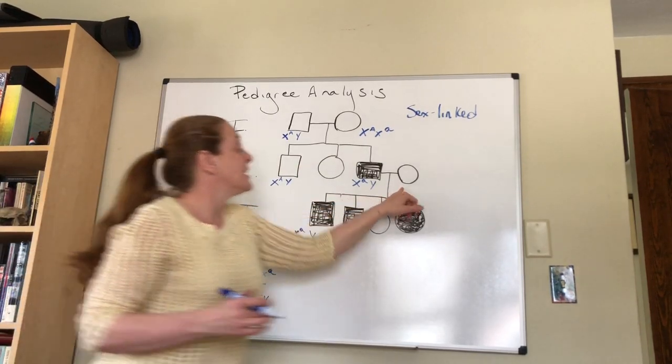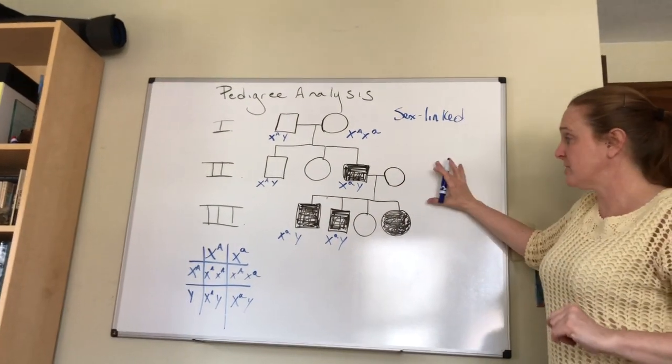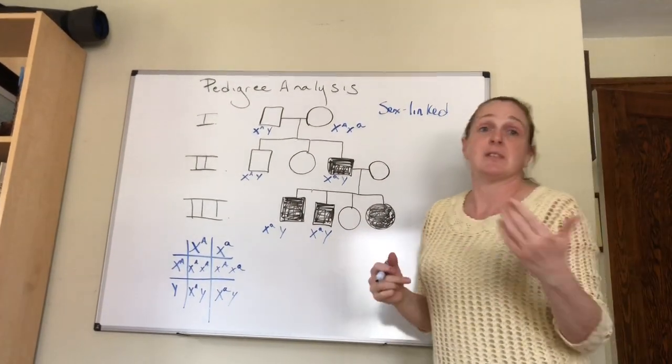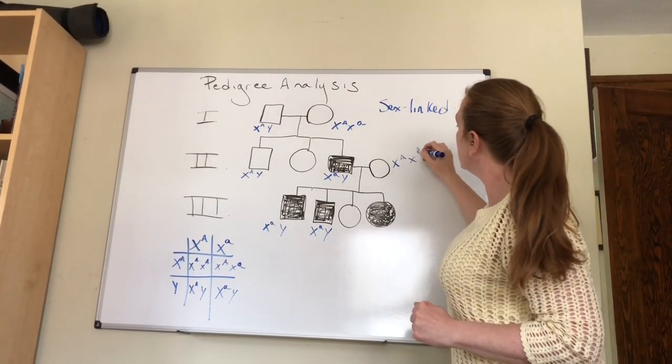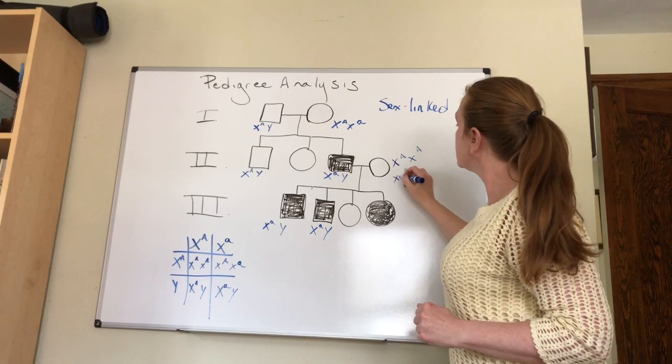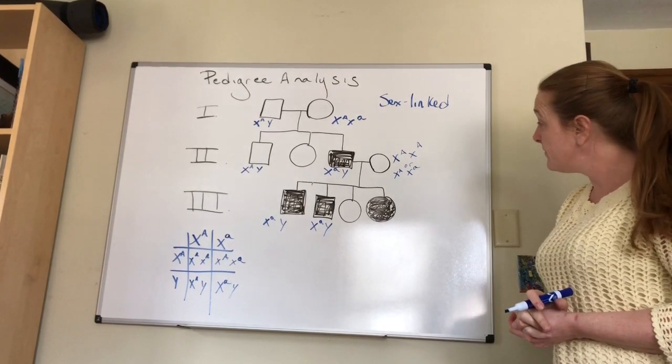Again, we don't know anything about this female's lineage. We don't have any knowledge about that. She's showing us the dominant phenotype, so we know both homozygous dominant and heterozygous possibilities exist.